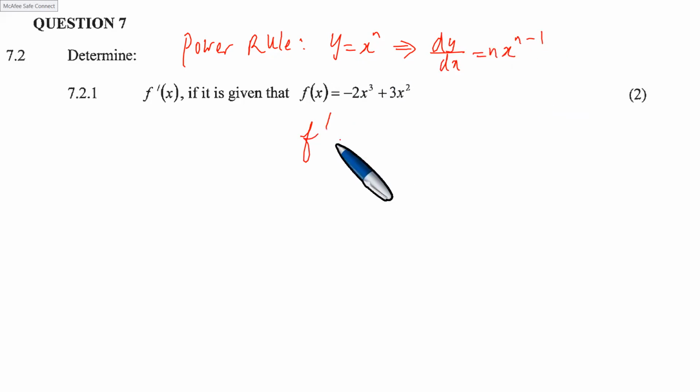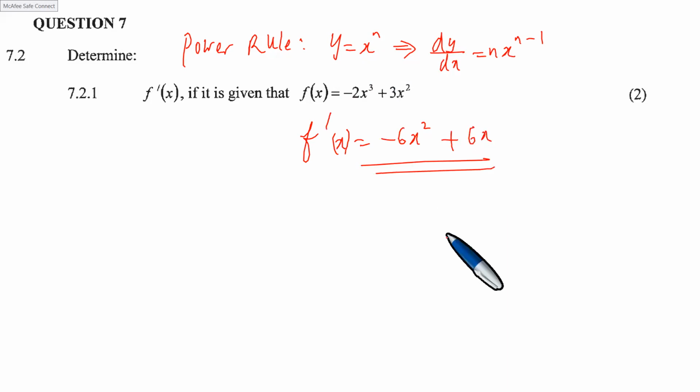So which means f prime of x is minus 6x squared plus 6x. So that is the answer. Okay, minus 6x squared plus 6x. And this is the answer to the question. Next one.